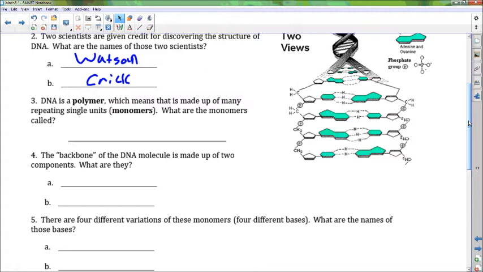Wait, Maya. You're close. The nitrogenous base is going to be part of this thing. What are the nitrogenous bases part of? The nucleic acid or the nucleotide. Right? So we tend to call them nucleotides.